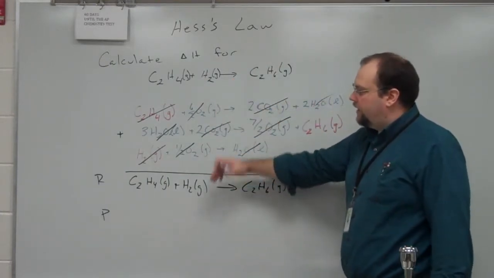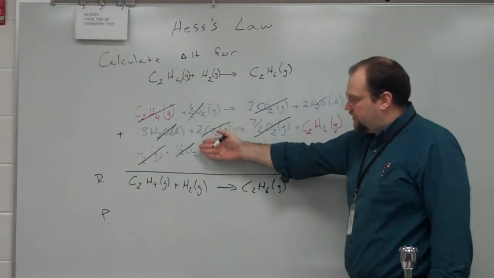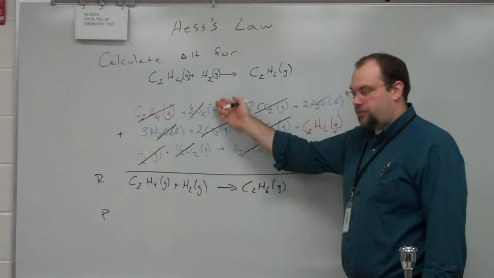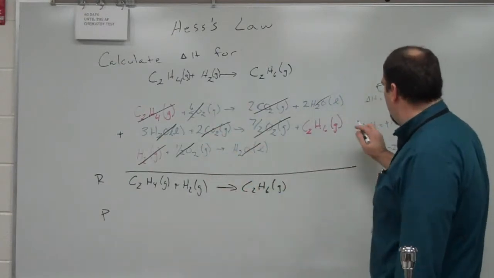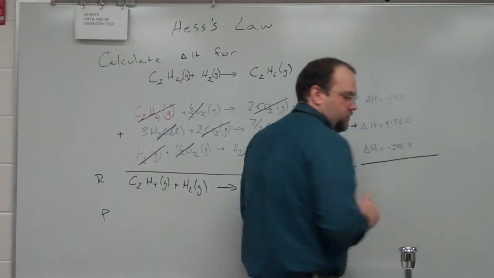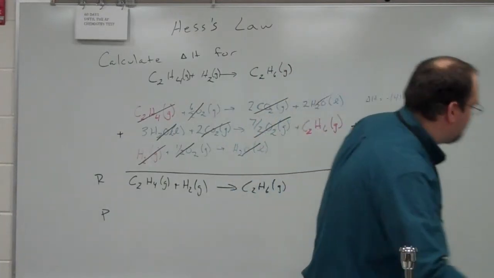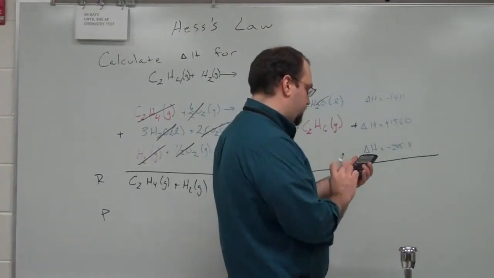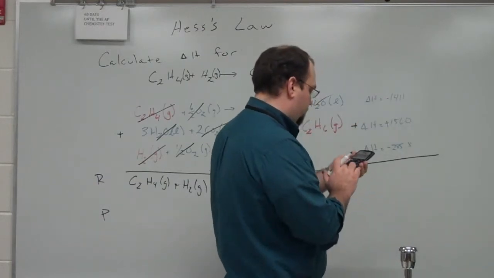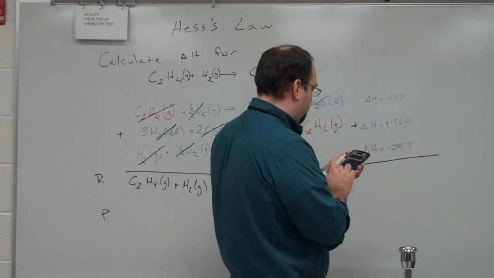So that's fine. Just like I summed my reactions, I need to sum my delta H's. Okay. So I will grab a calculator for this because my mental math abilities are not crazy. So negative 1,411.